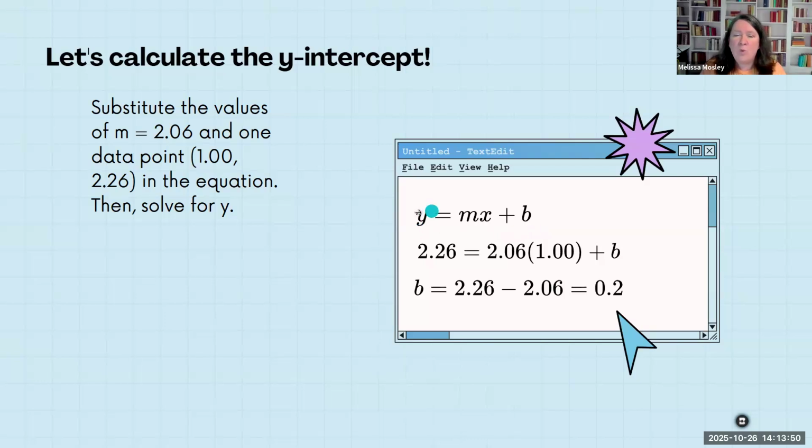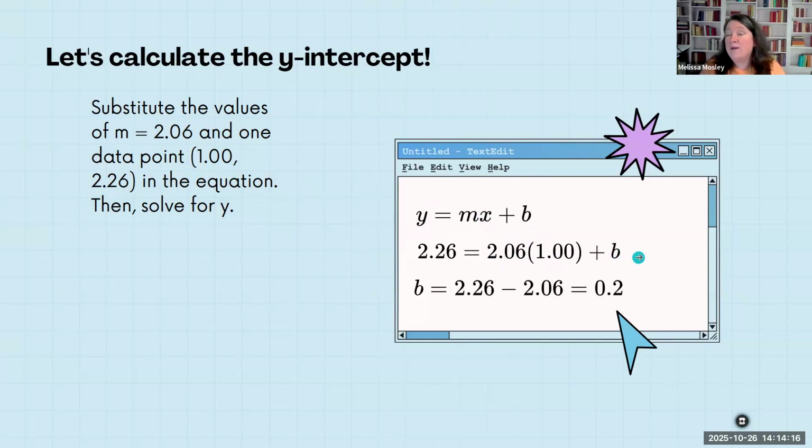We know the y value from our data point, so we plug that number in, equals our slope. We know that, we just found it on the previous slide, and times x, which our x value is 1.00 from our data point, plus b.